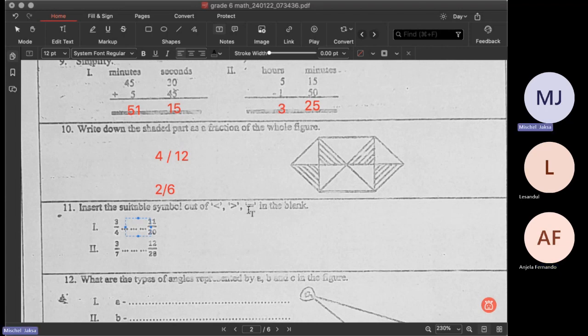Yes, 3 over 4 is greater than 11 over 20. What about this? Miss, 3 over 7 is equal to 12 over 28. Well done, Putir. This is equal. If we get the value, it shows as equal. Well done.